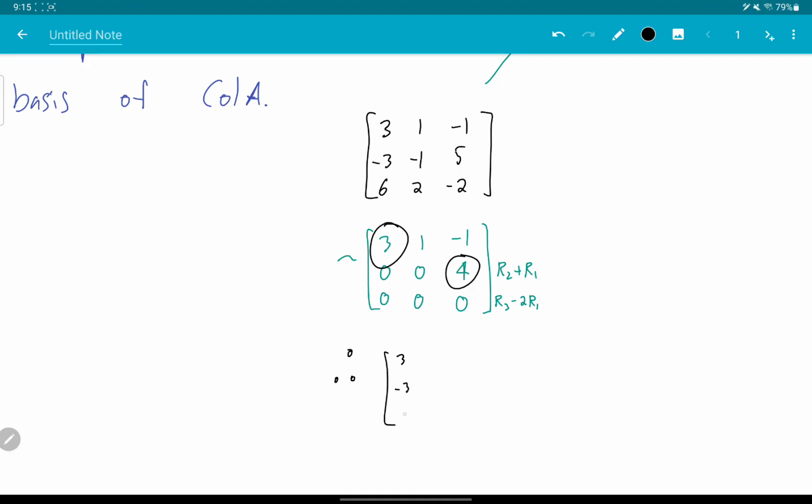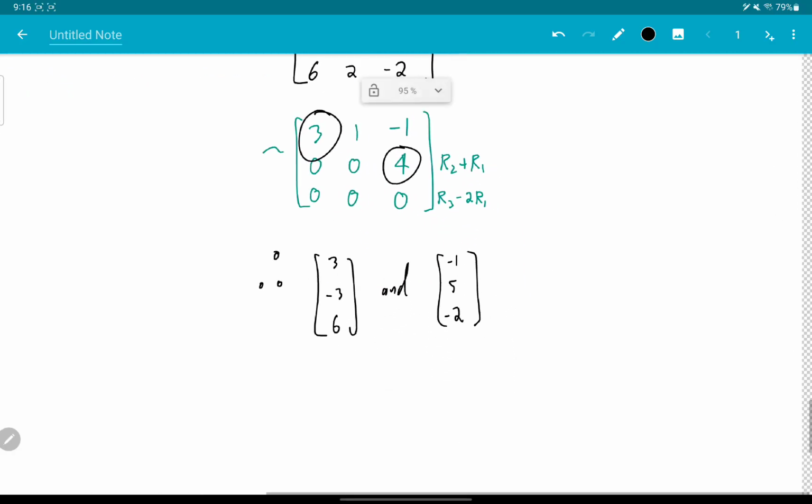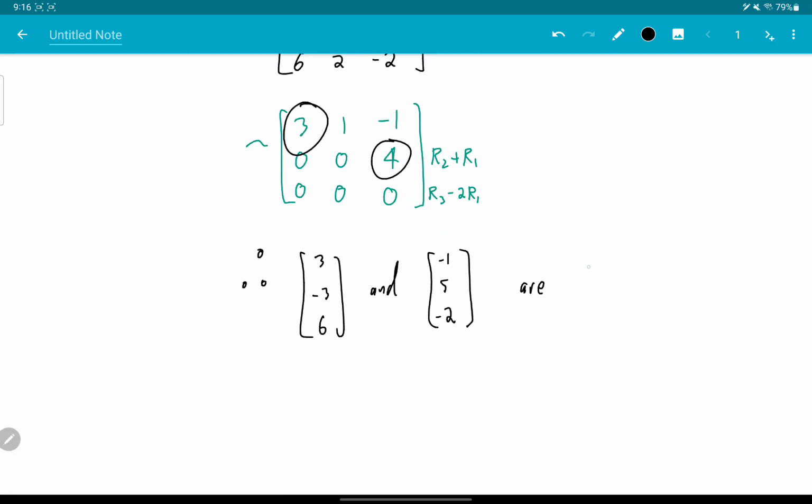3, minus 3, 6, and so the first and third columns are the pivot columns.